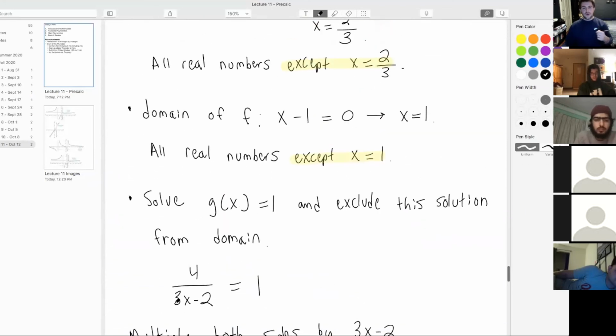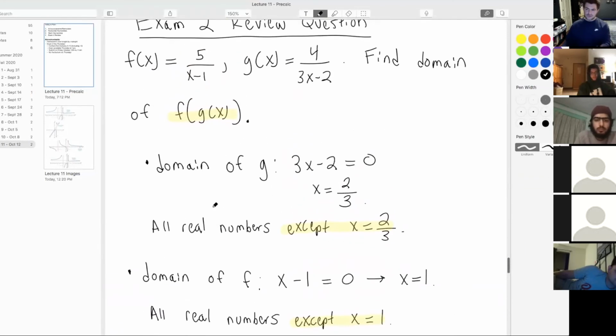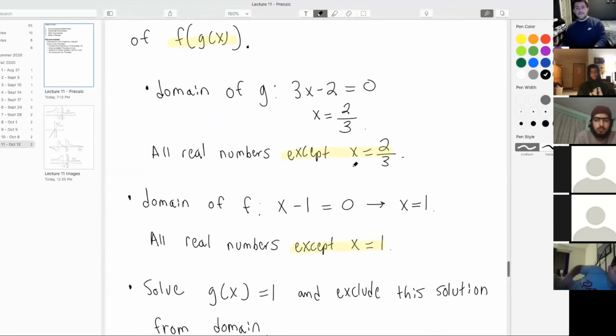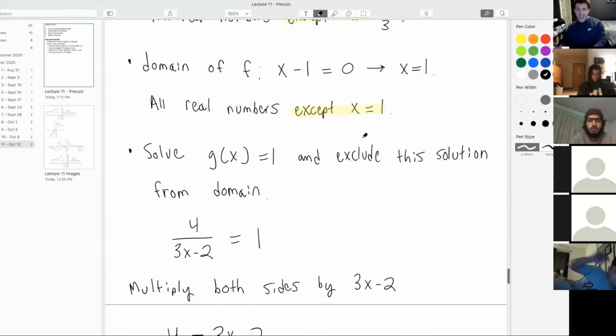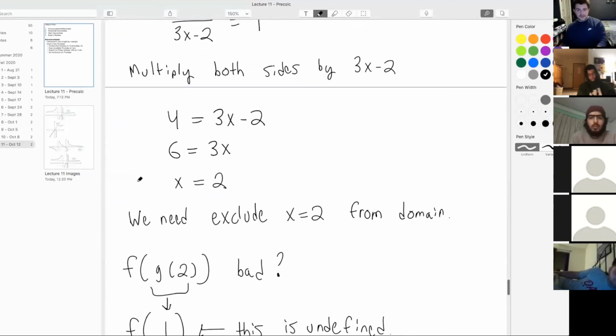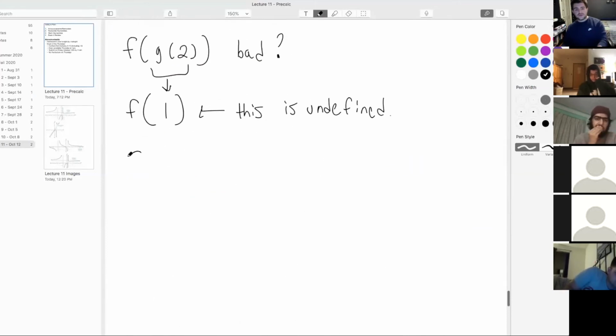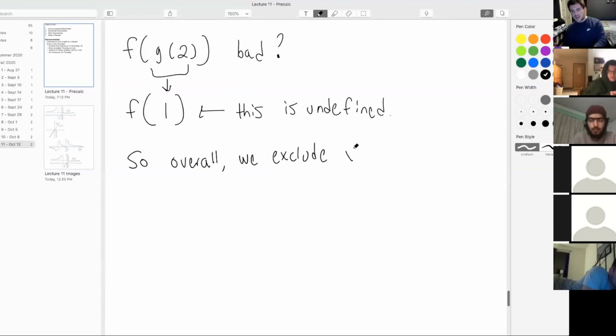So overall, what are the bad values for this function? The bad values are 2/3 and x equals 2. So overall, we exclude x equals 2/3 and x equals 2 from the domain.